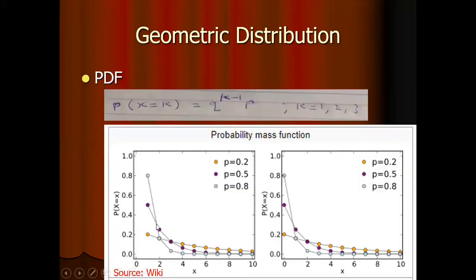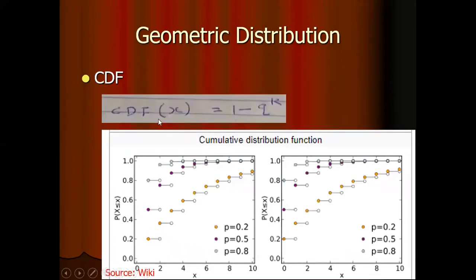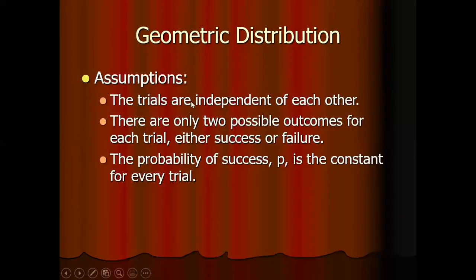So this is first scenario where k is from 1 onwards, and this is second scenario where k is from 0 onwards. And this is the probability density function when k is from 1 onwards, which is equal to q raised to the power k minus 1 multiplied by p. This is cumulative density function for first scenario, which is equal to 1 minus q raised to the power k.